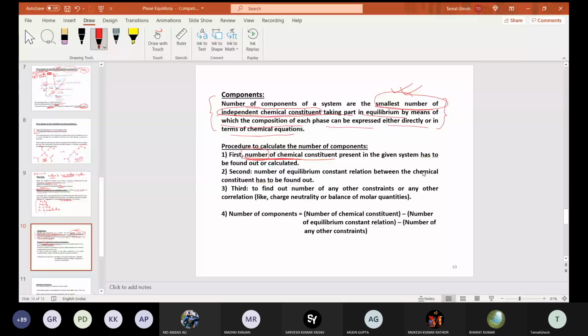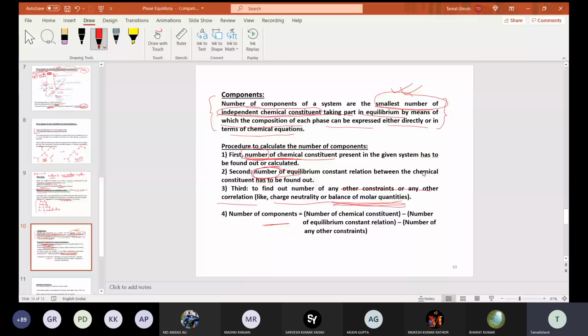So that is the second thing we have to find out. And third is any other constraints or correlations, like charge neutrality or balance of molar quantities. If such things are there, you have to find them out. Then the number of components will be equal to the number of chemical constituents minus the number of equilibrium constant relations minus the number of any other constraints.